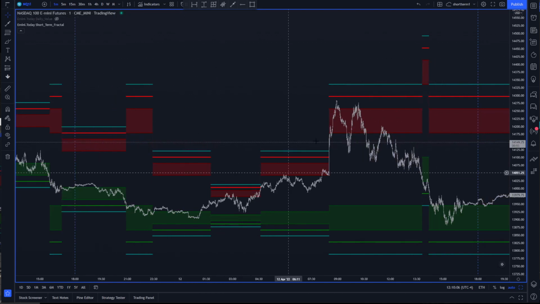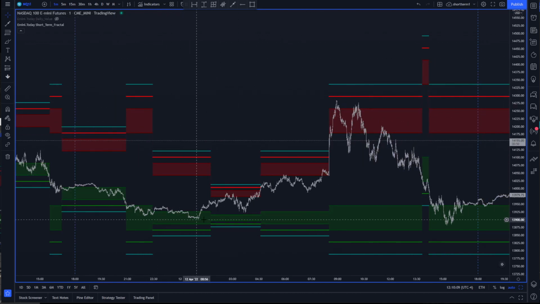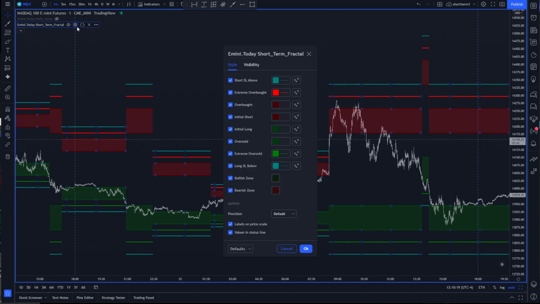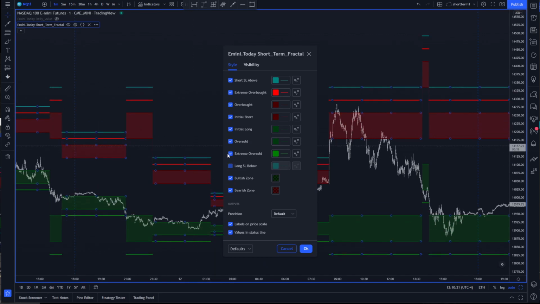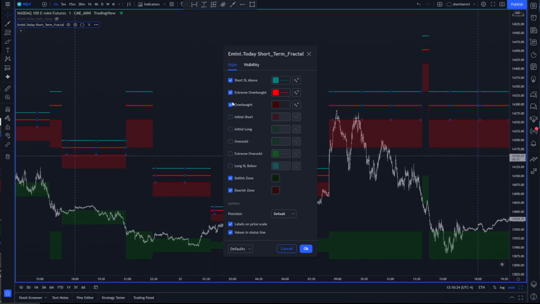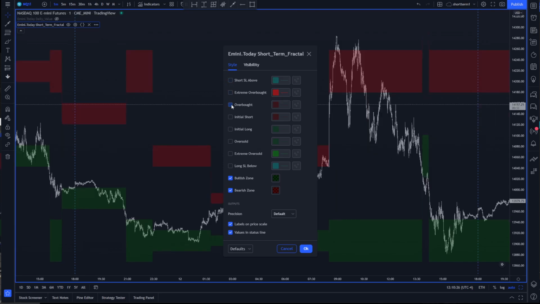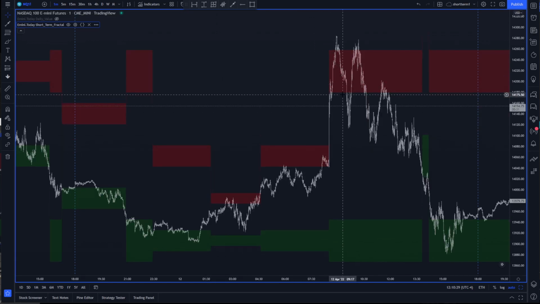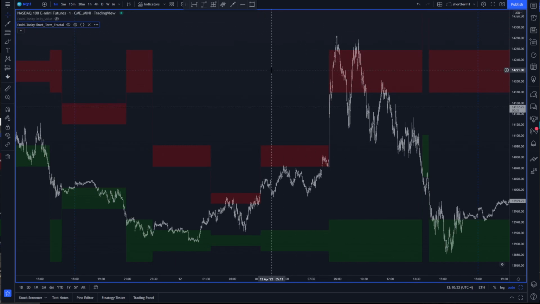So this is our day from the fractal study perspective, and I want you to notice one thing here. Let me turn off everything besides these boxes. These boxes are actually fractals. Lines are just extensions, showing a potential range of price deviation.